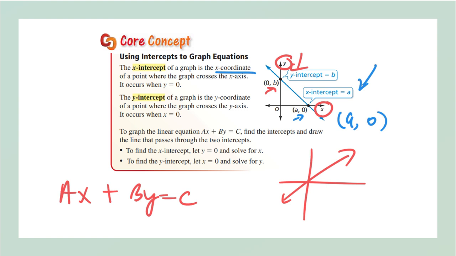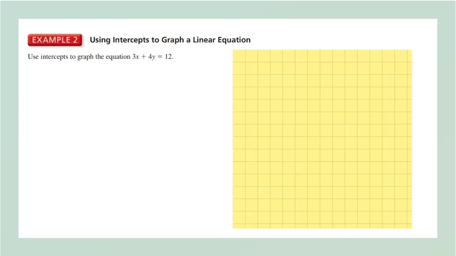So let's solve. To find the x-intercept, let y equal 0 and solve for x. To find the y-intercept, let x equal 0 and solve for y in this equation. Use the intercepts to graph a linear equation. So let's look. What does it tell us to do?